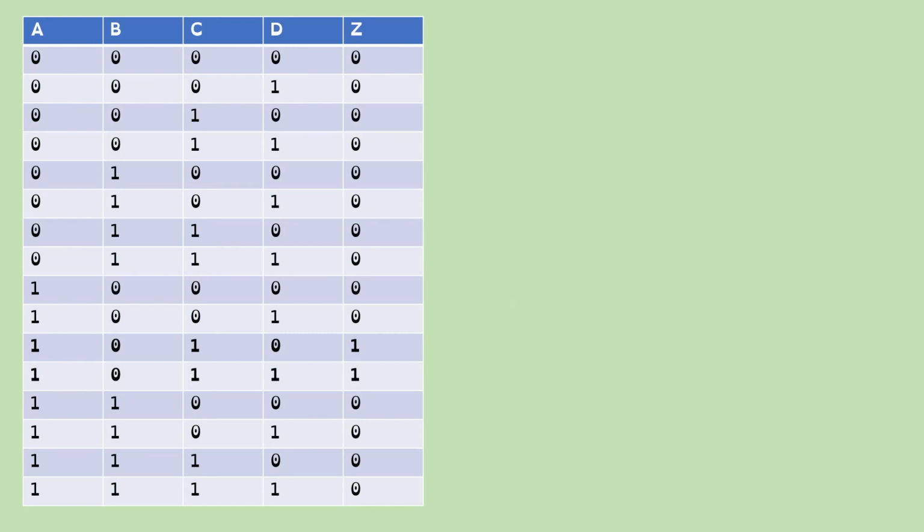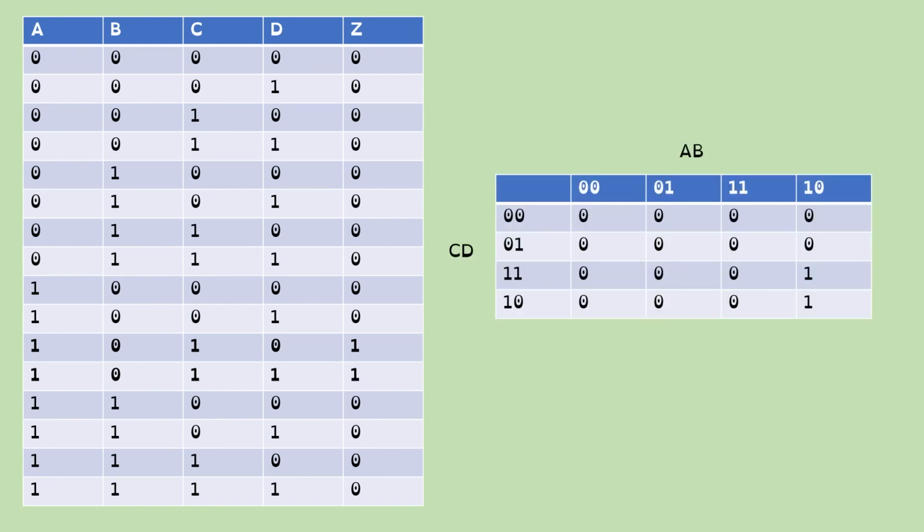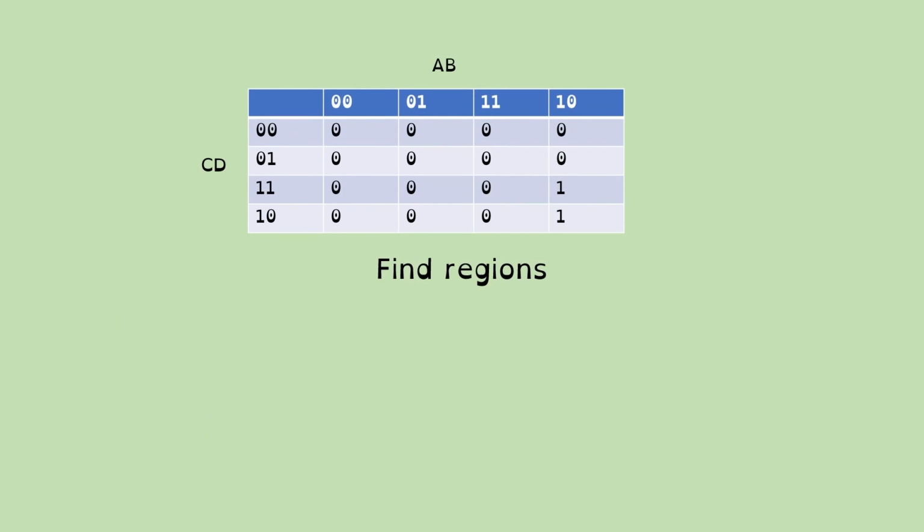If you look on the Z column on the right hand side, we've just got those 2 elements that have got the ones in them. And we're going to convert that into a K-map table, which looks like this. Once again, we've just got those 2 outputs that give us 1 on the far side.